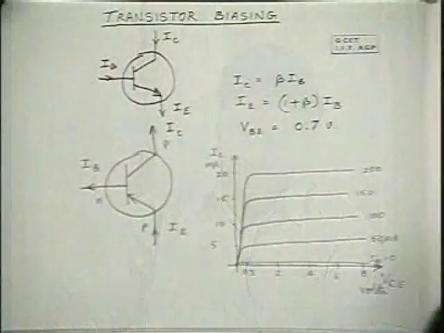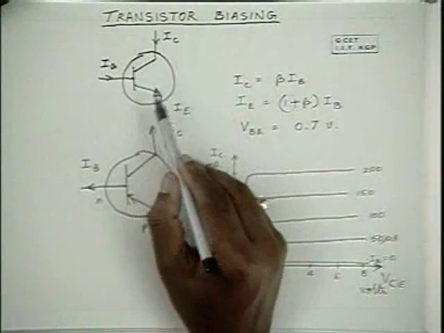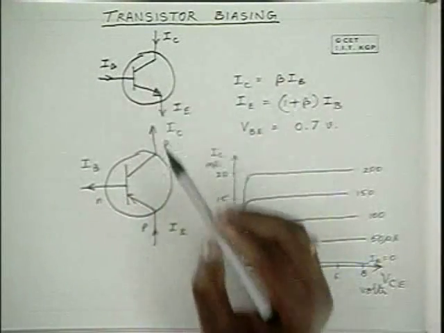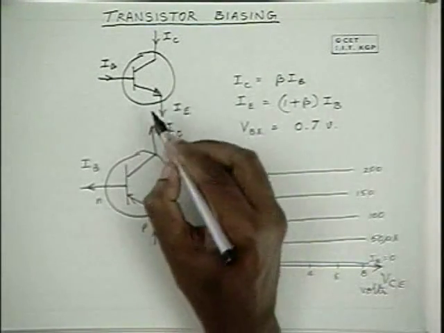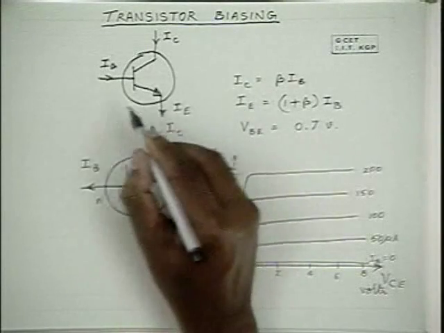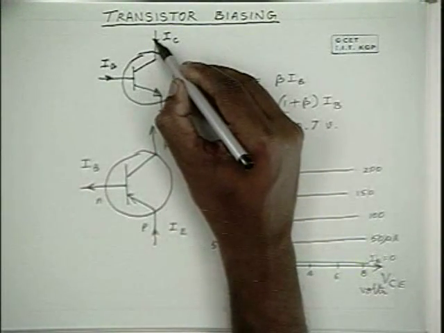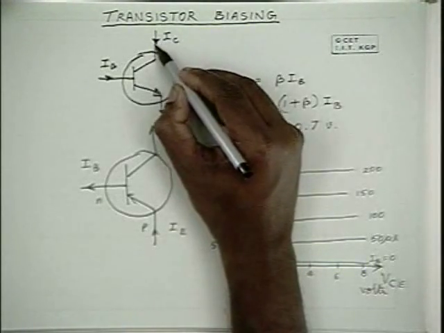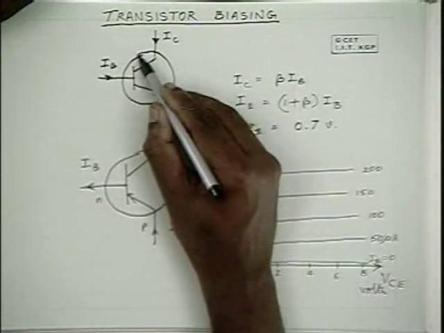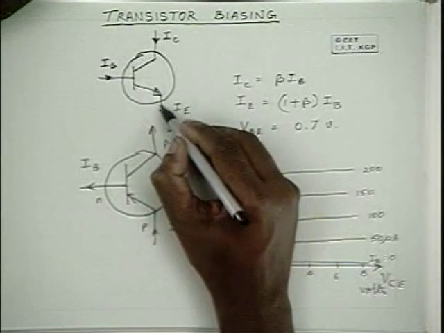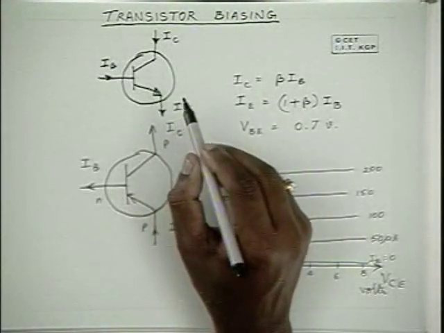Please look at this diagram. Please recapitulate that a transistor, either NPN or PNP, with this kind of notation, has the base current as the current going inside, the collector current as the current coming into the transistor, and the emitter current as the current going out of the transistor.